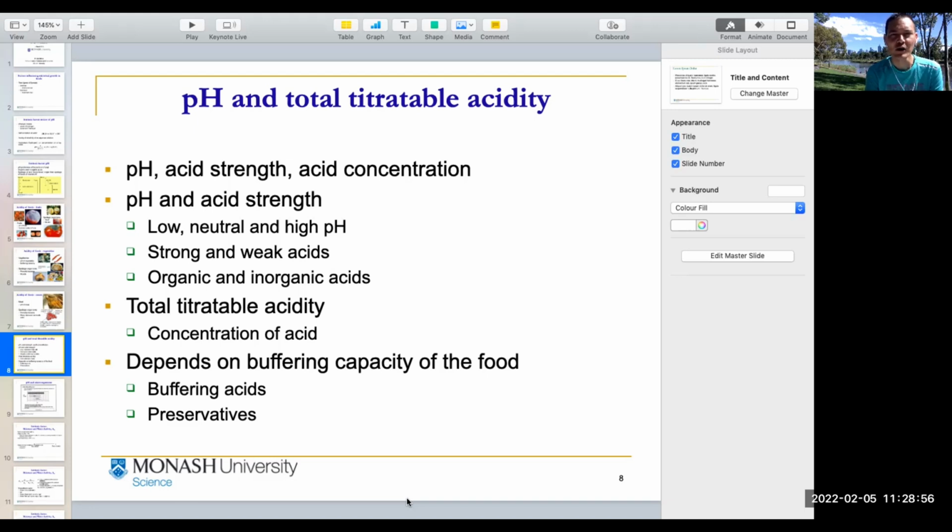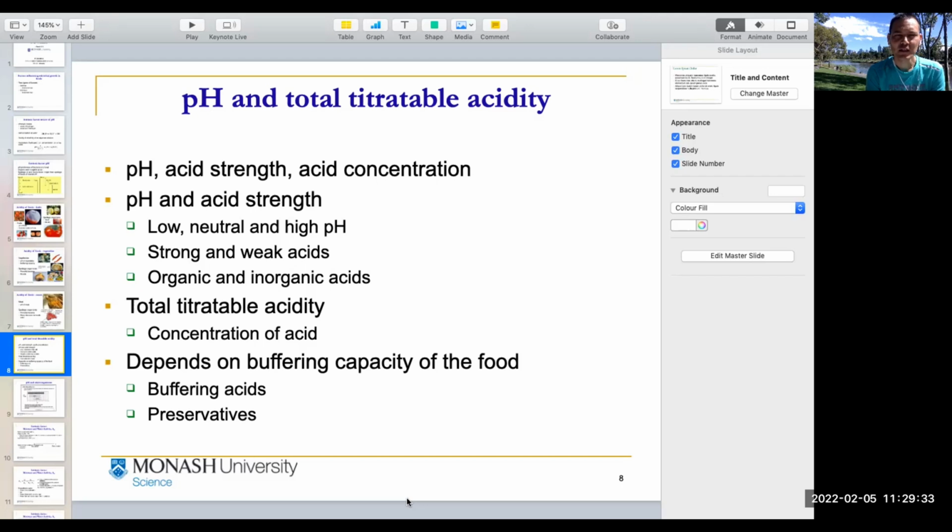Anything at 8 or more is alkaline, with 7 being neutral. That's basically an indication of the hydrogen ion concentration in a given solution. So that's what pH is. It's a scale from 0 to 14, with 0 up to 6 being the acidic range, 7 neutral, then 8 to 14 alkaline.